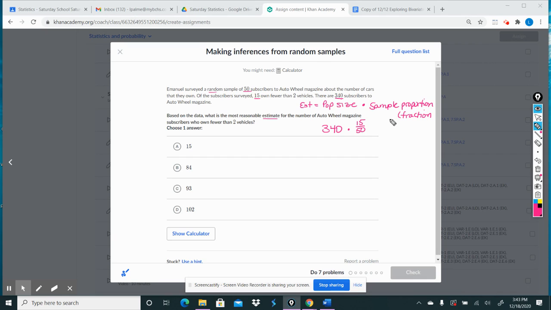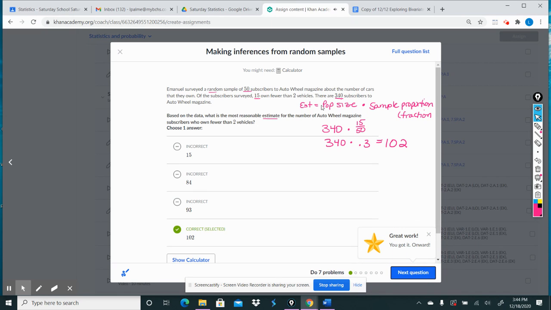So we multiply the 15 divided by 50, and we get 0.3. So 340 times 0.3 gives us approximately 102, would be the best estimate of the subscribers who own fewer than 2 vehicles. And that here would be D.